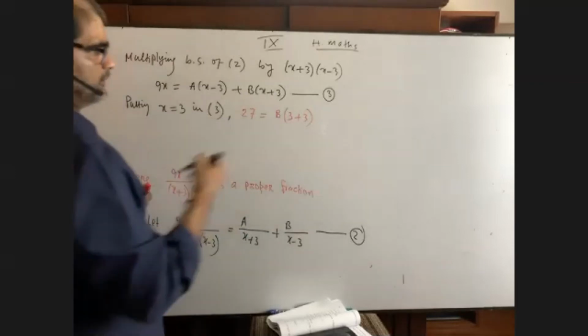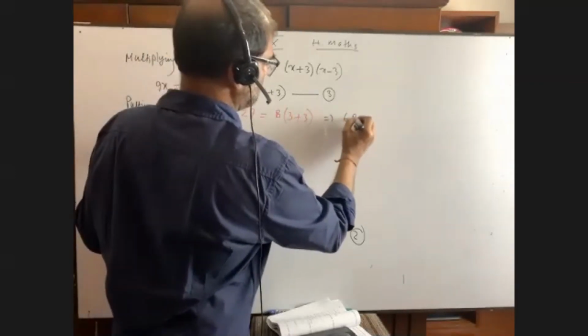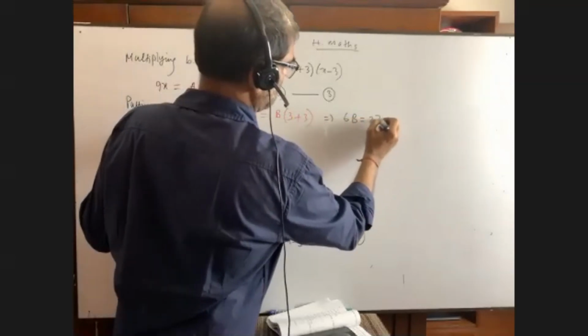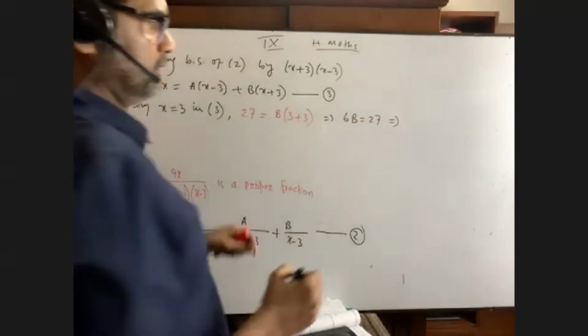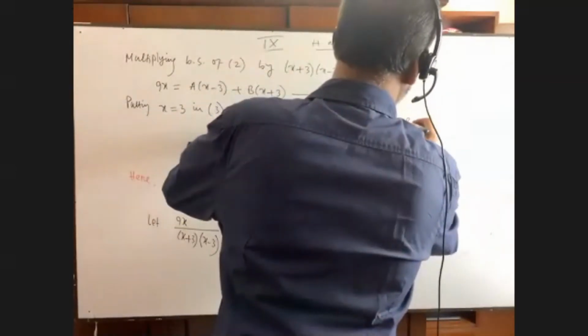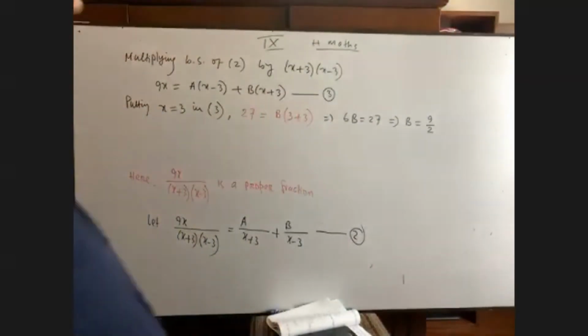That means 6b equals 27. Can you tell me what b equals? b equals 9 by 2, dividing by 3.